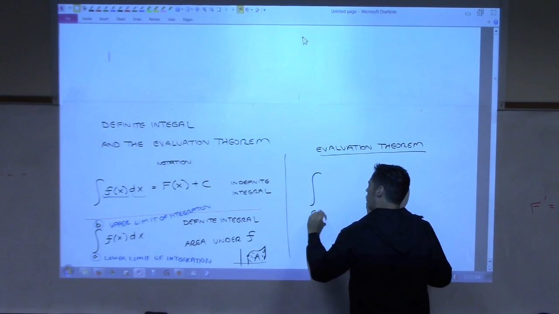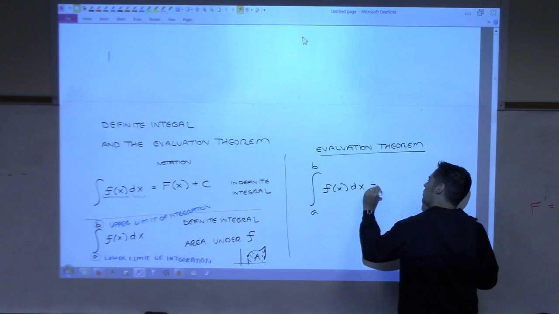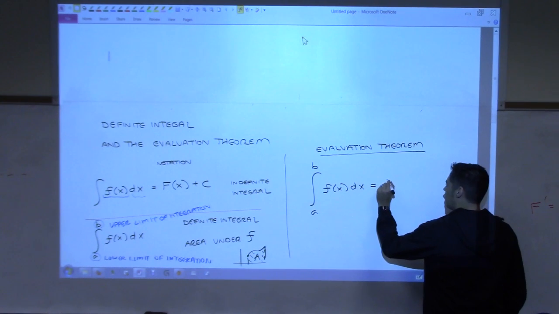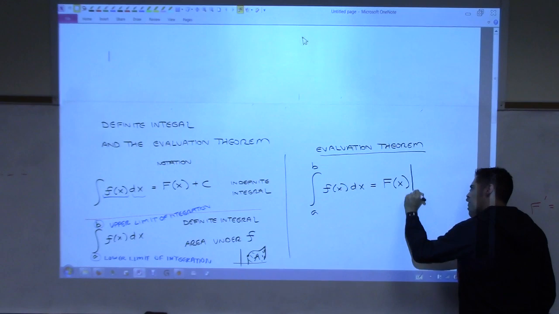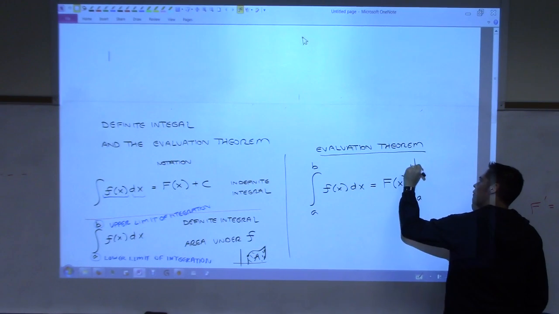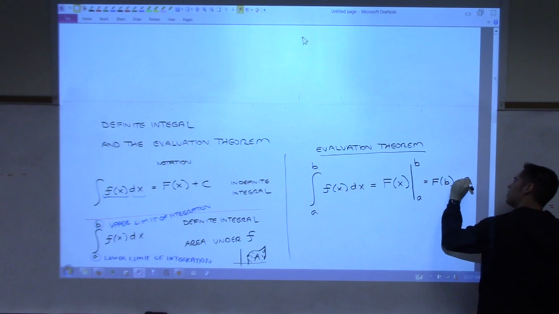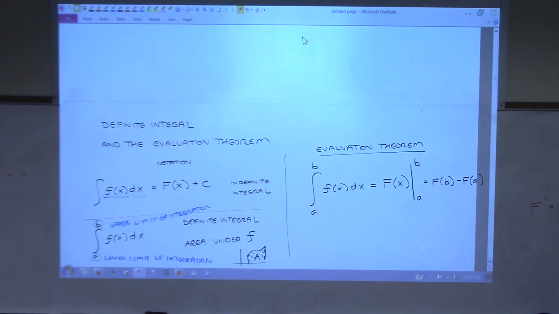The definite integral is equal to capital F of x with this bar to the right of it like this, a, b, which is equal to capital F of b minus capital F of a. Just write that down, and I'll show you how I'm going to use that in just a second.